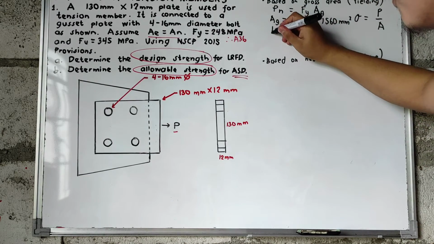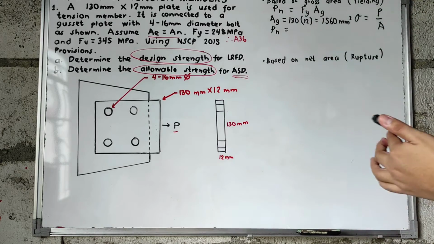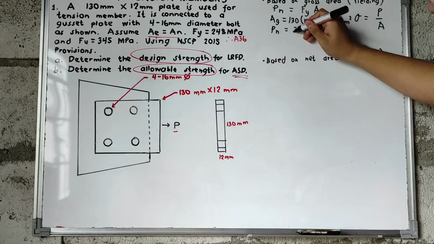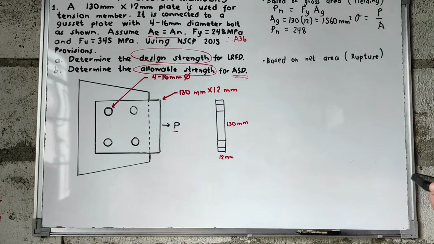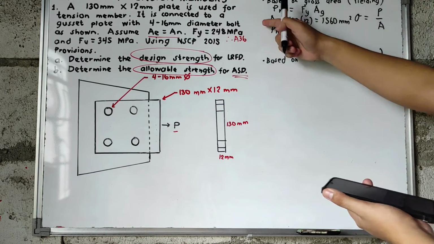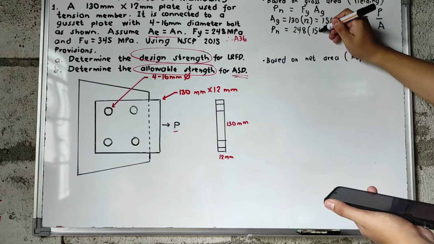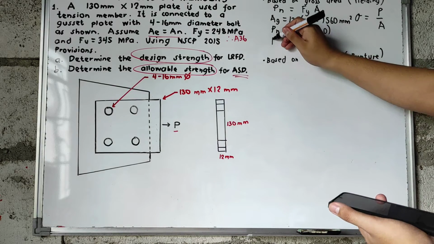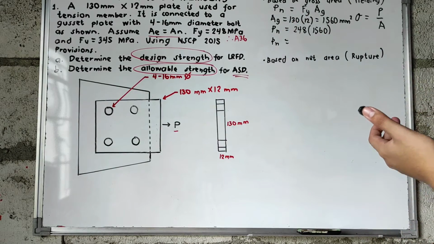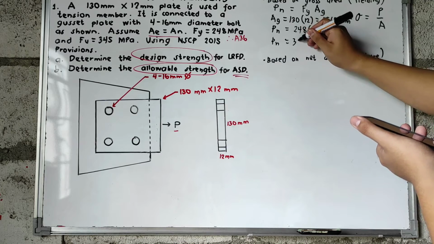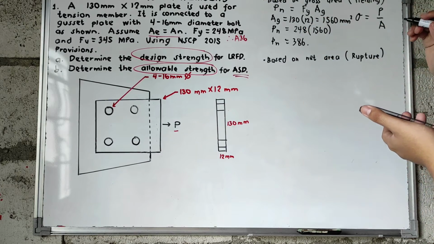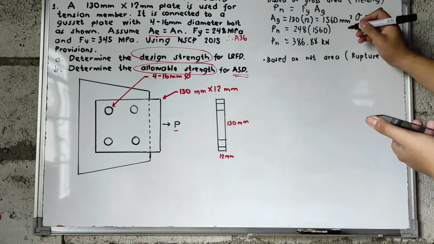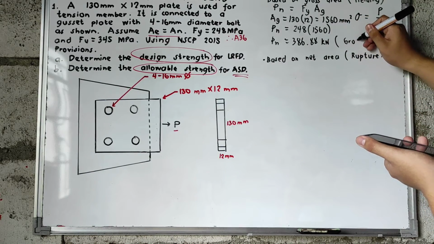Now we can get the nominal, which is equal to Fy of 248 megapascal multiplied by our gross area of 1,560. The value of our nominal is 386.88 kilonewton. This is on gross area.